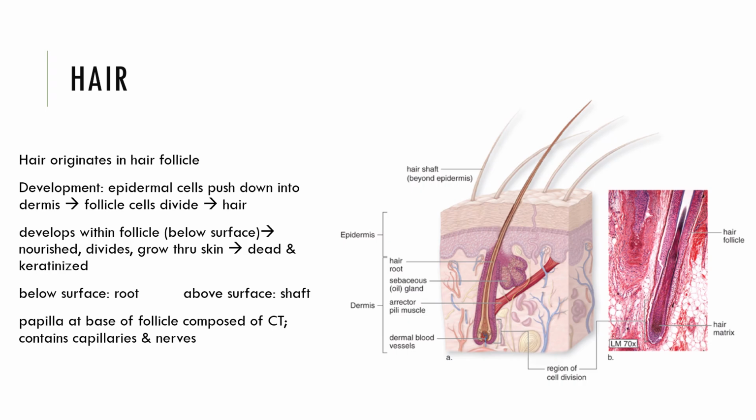The hair develops within the follicle below the skin surface, and as a growing hair is nourished, the cells continue to divide and are pushed upward through the skin surface. And during this upward movement, the cells die and become keratinized, forming the hair shaft.